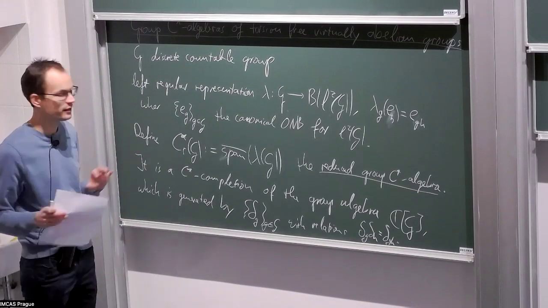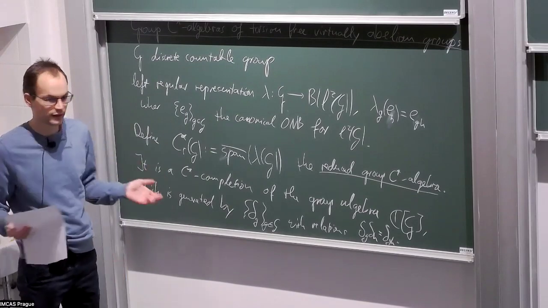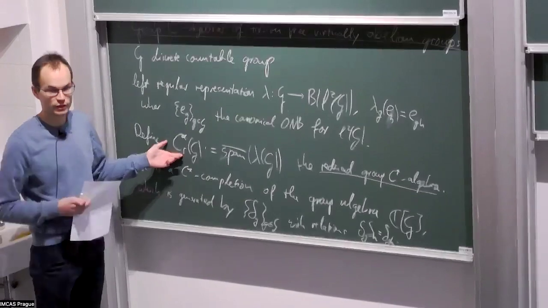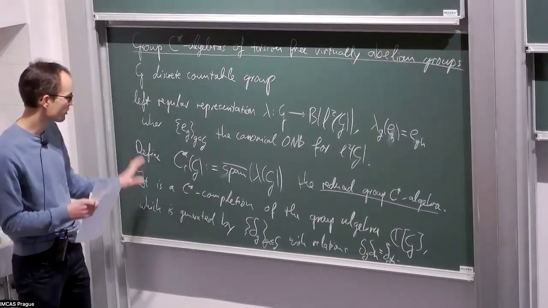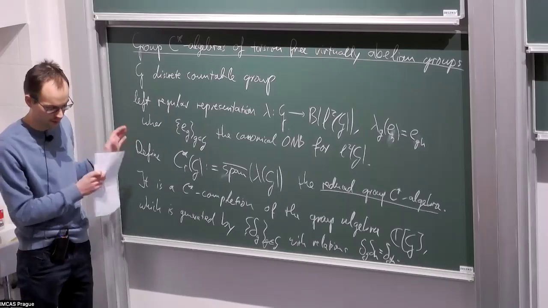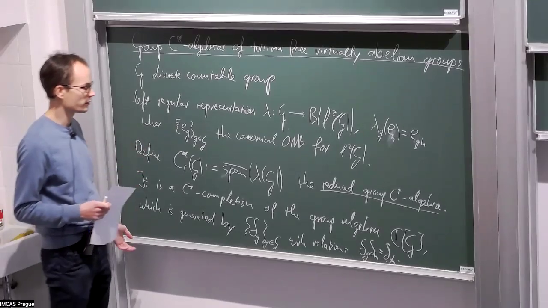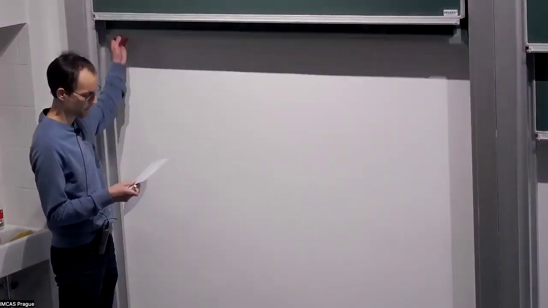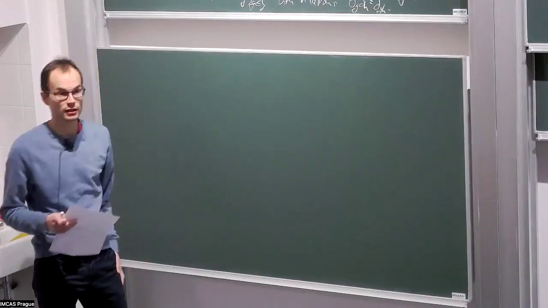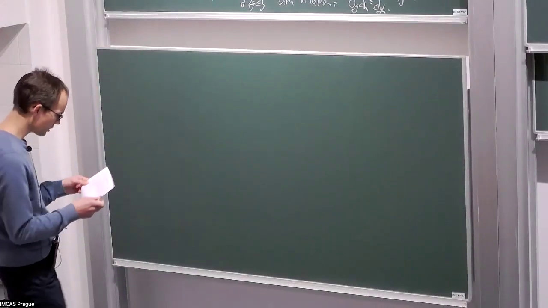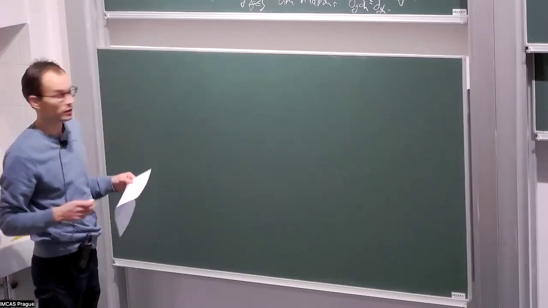There are deep results about when this is simple, for example, or about its K-theory, which is exactly the Baum-Connes conjecture. So this is very important to understand, but also very difficult in general. We will be looking at this for one specific class of groups, namely torsion-free virtually abelian groups.